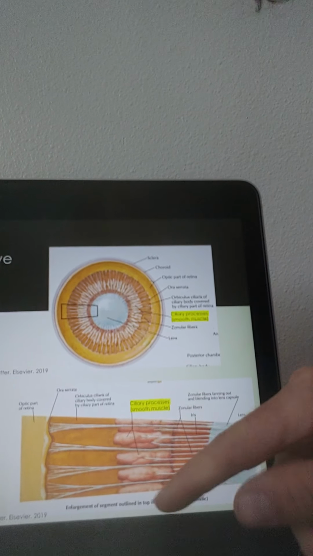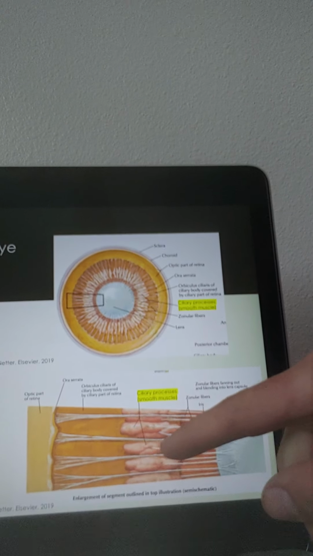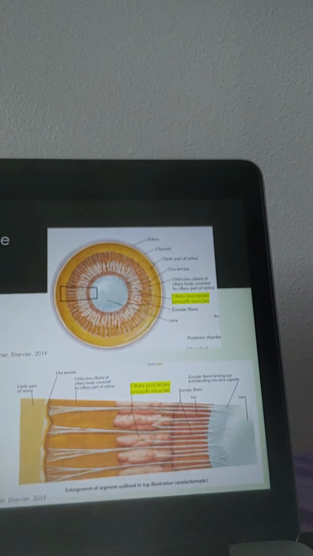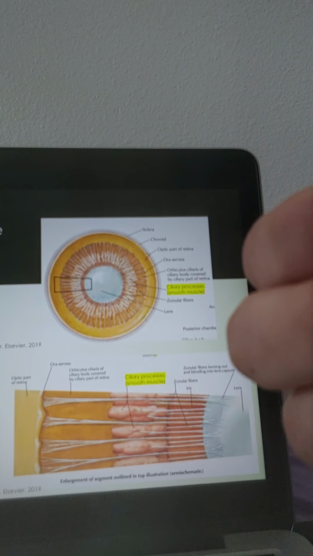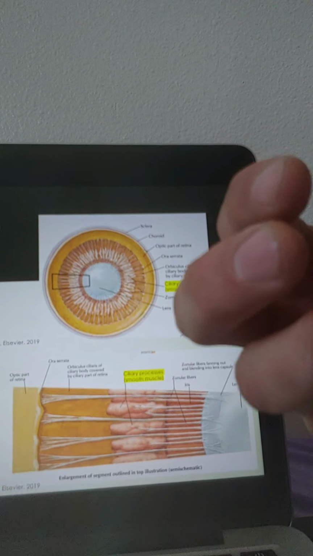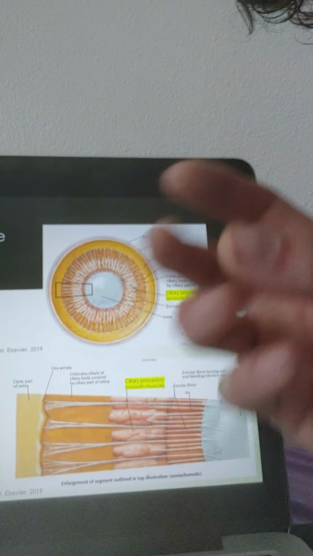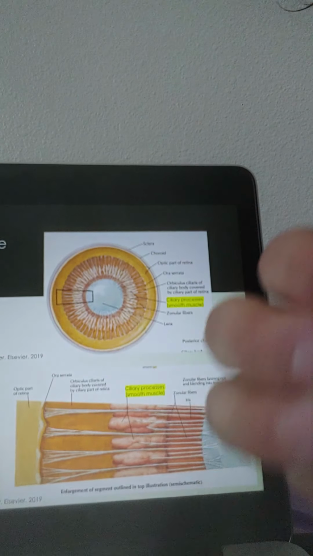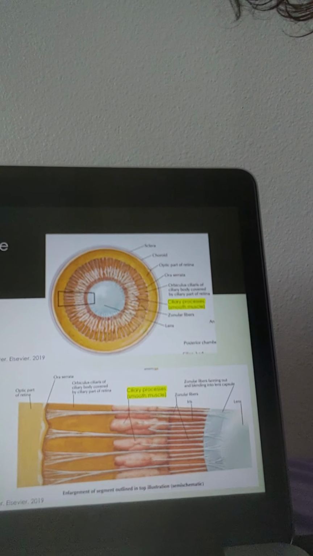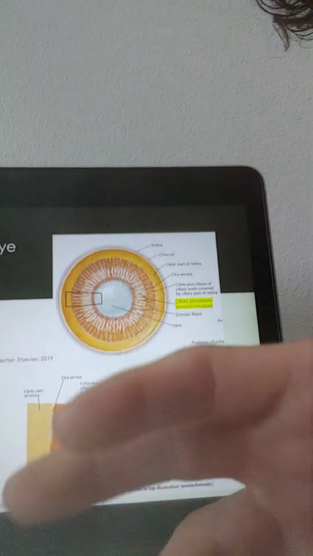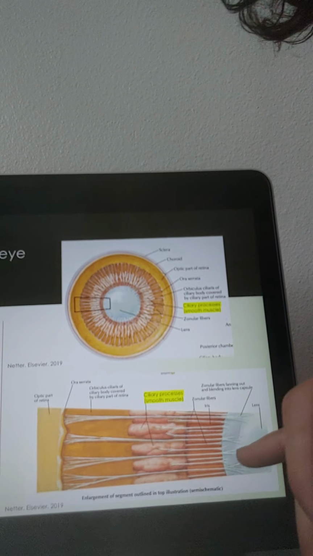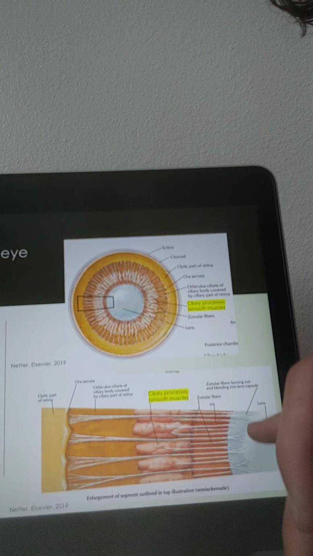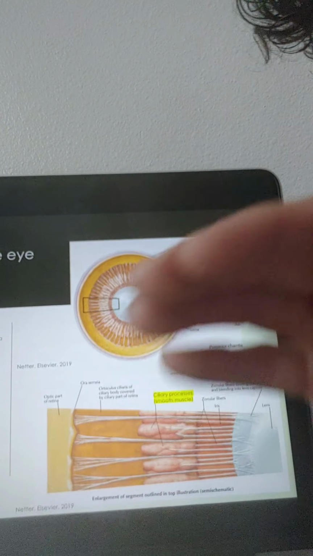So when the ciliary muscles contract, it will make the lens, I believe, more circular, and that will accommodate for close vision. And when they relax, the lens kind of elongates, and that accommodates for far vision.